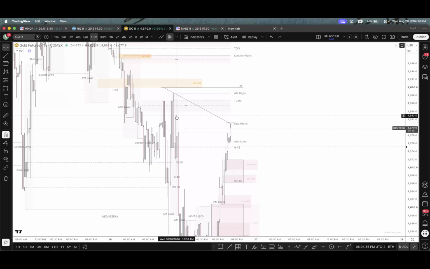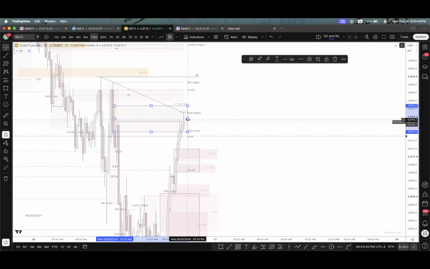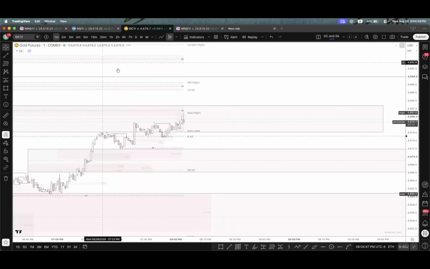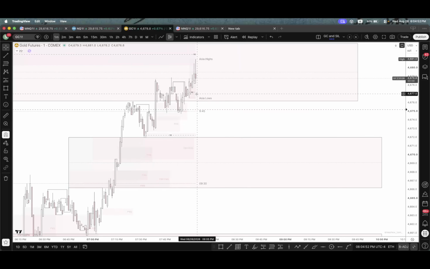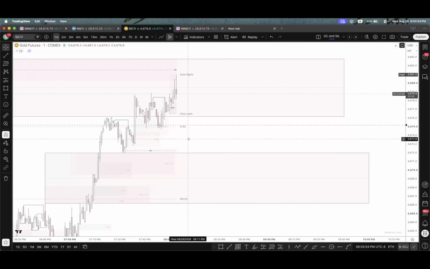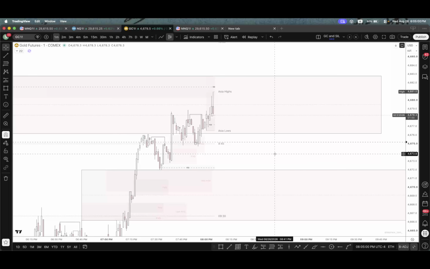This is a rejection block of the mitigation block. So this is pretty important right here. If we get some sort of decent entry here, I'll take it, but it might not happen.